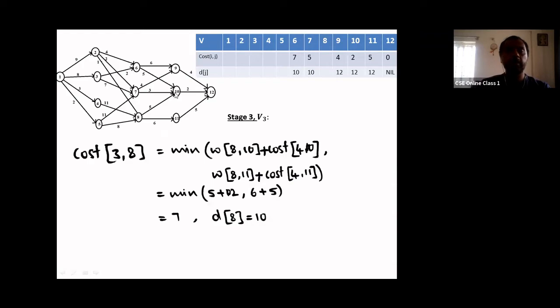So 8 to 10 is 5, plus shortest path from 4th stage vertex 10 is 2, so 5 plus 2. And same way, 8 to 11 is 6 plus shortest path from vertex 11 to sink is 5. So therefore, the cost of 3, 8 becomes 7, and its direction is via vertex 10.